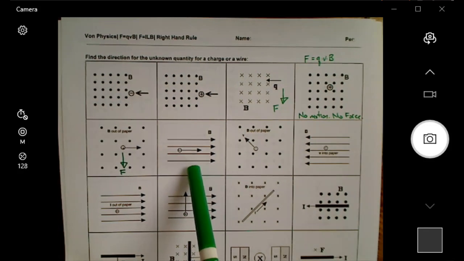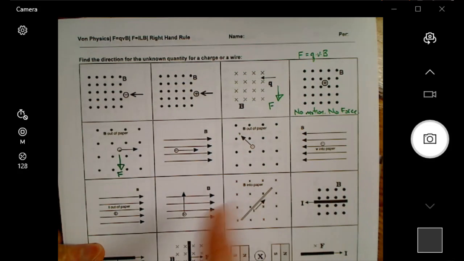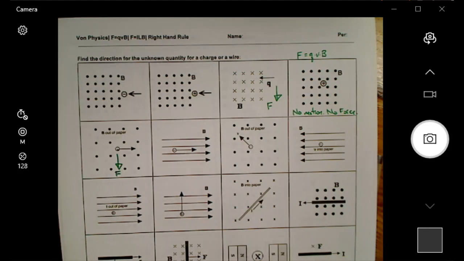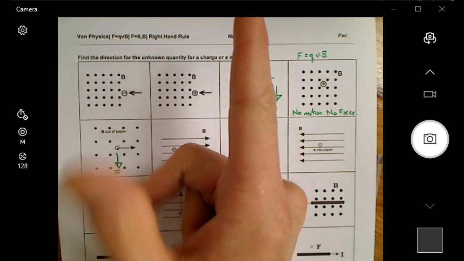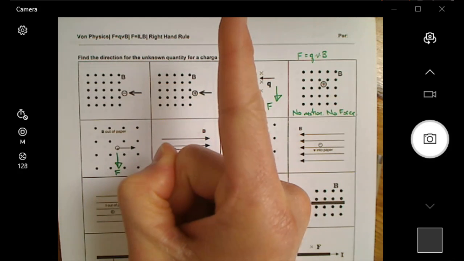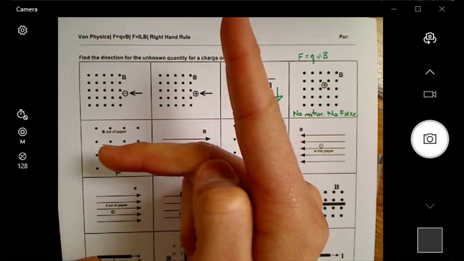Example number 6, we have the charge moving again left to right, and the magnetic field is also left to right. One of the things I want you guys to notice here is that when I hold my hand, I have my charge moving in the direction of the index finger. The magnetic field is the direction of my middle finger.